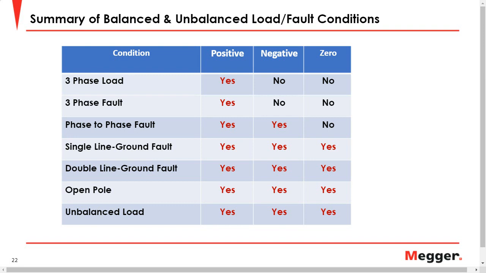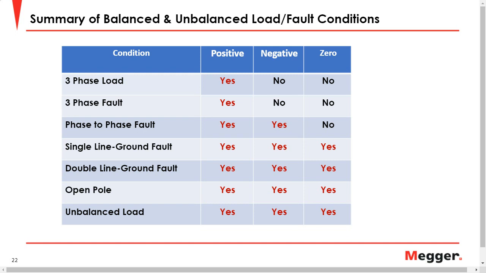Okay, so just to summarize what we covered a little bit earlier, we were asking ourselves what causes these unbalanced load or fault conditions, and these are just the more common conditions that can exist on a system. And of course, we have our three-phase balanced load, and we're looking at what sequence components are present.